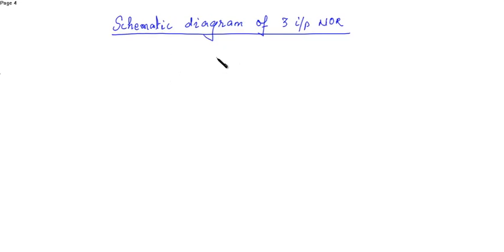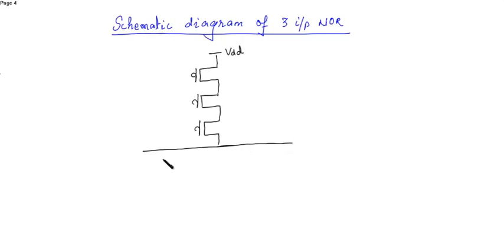So there are 3 inputs, so there will be 3 PMOS in series. This is VDD, and the 3 NMOS will be in parallel.